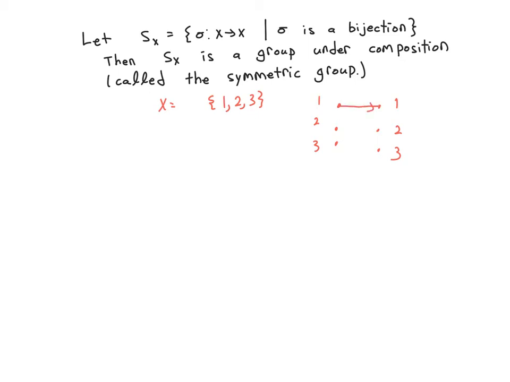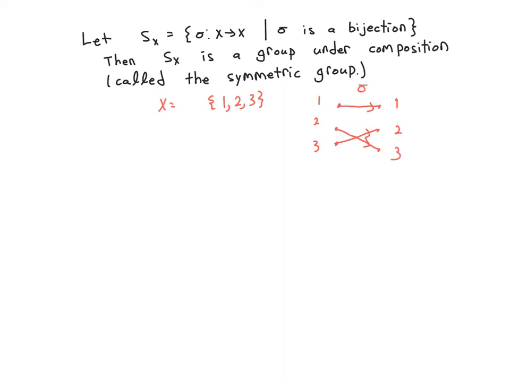So let's decide if we're going to send 1 to 1. Well, in order to be injective, we can't send anything else to 1. So 2 has to either go to 3 or 2. Let's decide to send it to 3. Similarly, whatever I do to 3, I can't send it to 1, and I can't send it to 3 because then my function won't be injective, and so I must send it to 2.